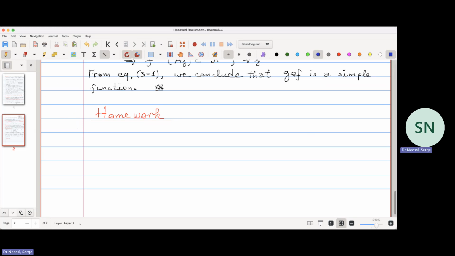The first one, let's call this problem 1.